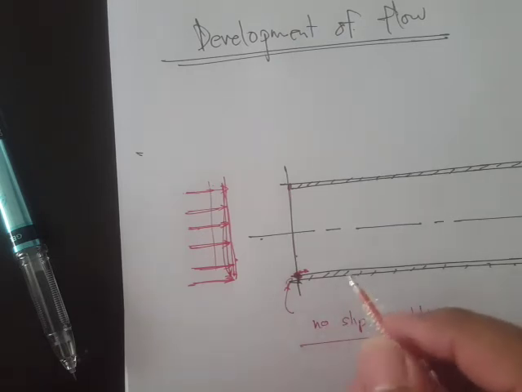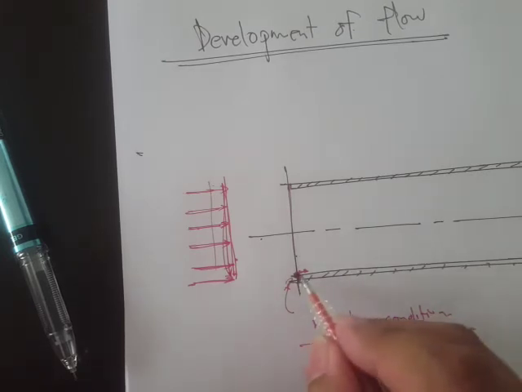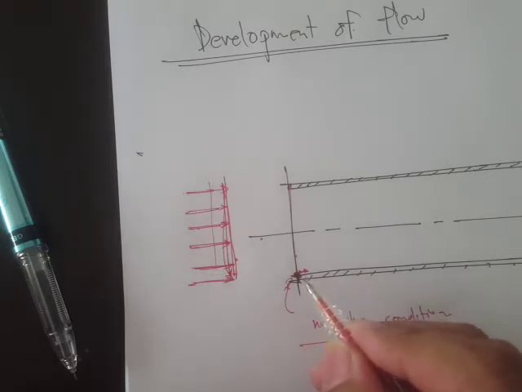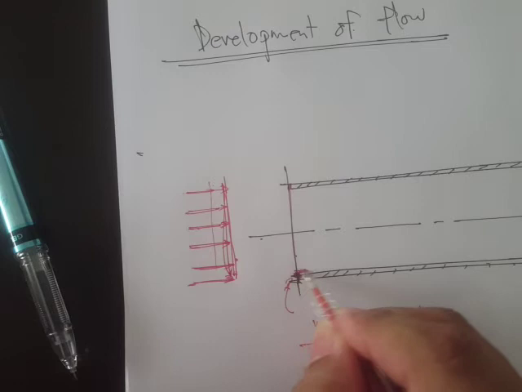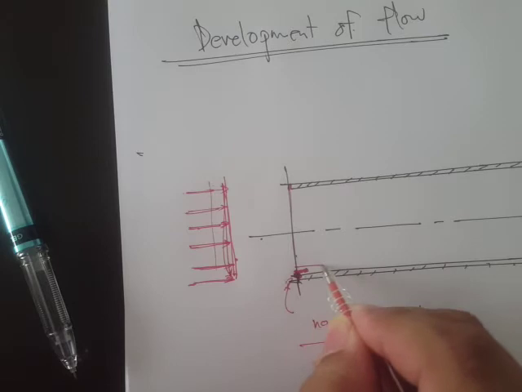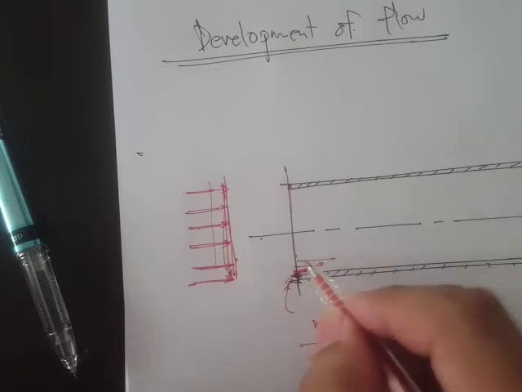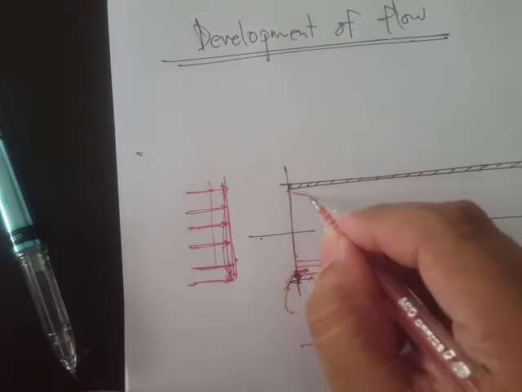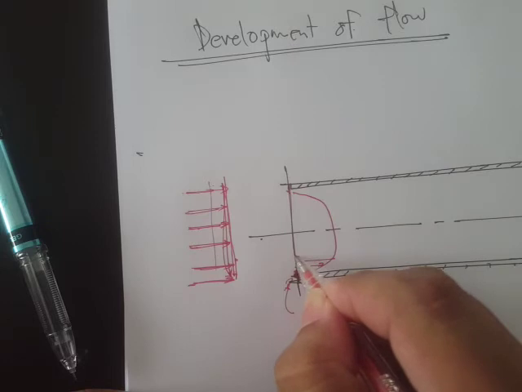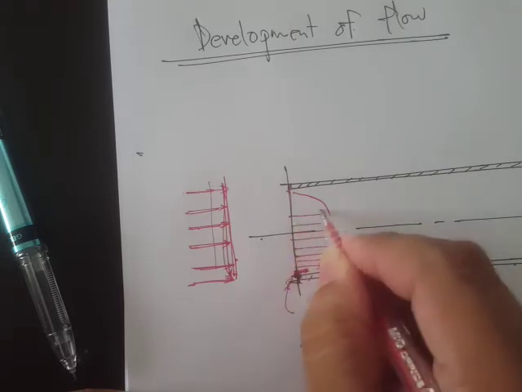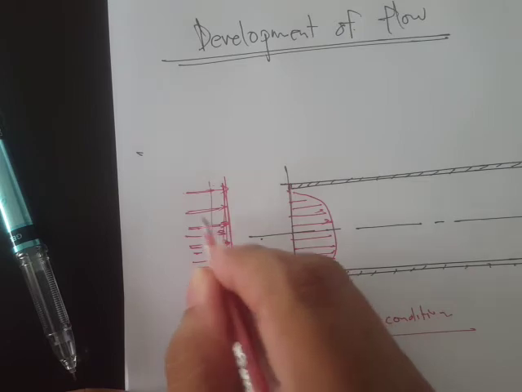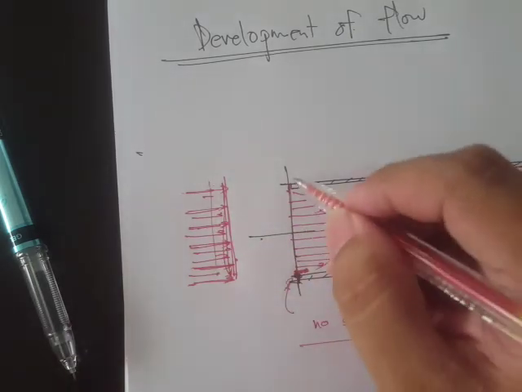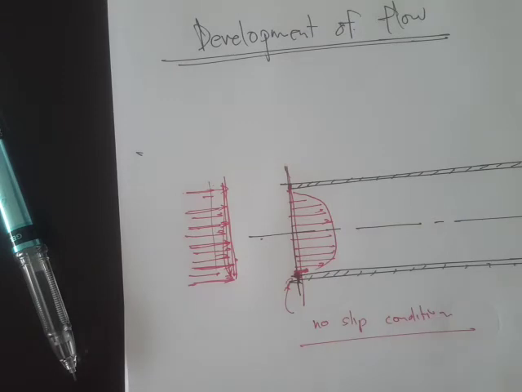That means that the fluid attached to this adjacent layer, theoretically stops. The next layer would have this velocity profile, and then the next layer would have an increased velocity profile, until we have a form something like this. So that's our velocity profile at this entrance section.